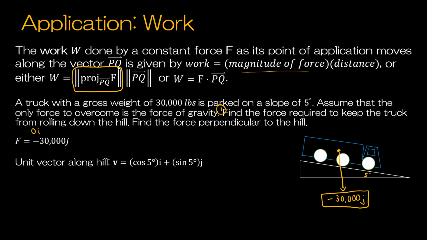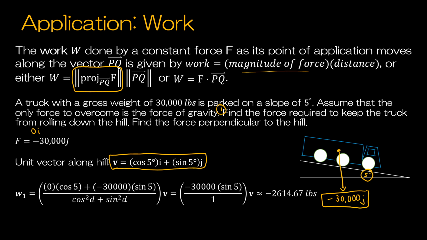And then we have the unit vector along the hill. This is from our last section. We're taking cosine of 5 times i plus sine of 5 times j, 5 being that angle of elevation. So what am I going to do now? I'm going to find W1, which we're very familiar with. Now I want you to notice that I used cosine squared plus sine squared using this component vector.